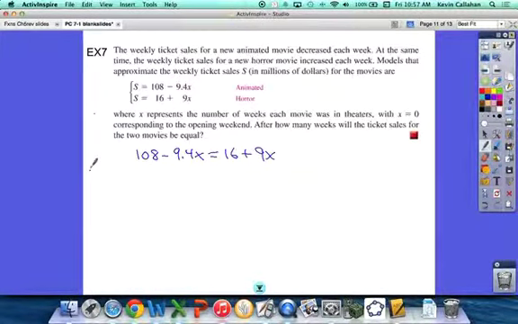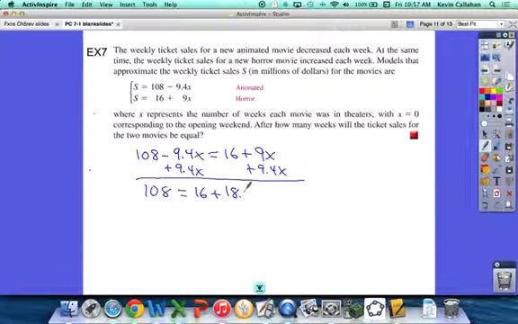Okay, let's add 9.4x, subtract 16. 92 divided by 18.4. 5 weeks.